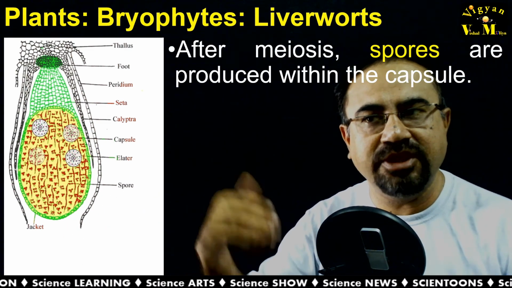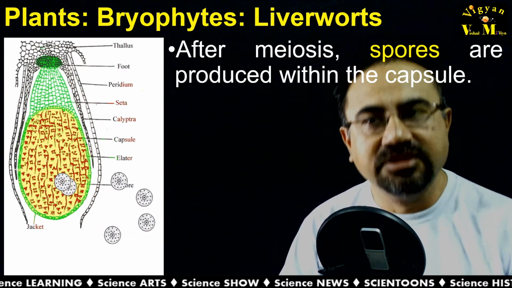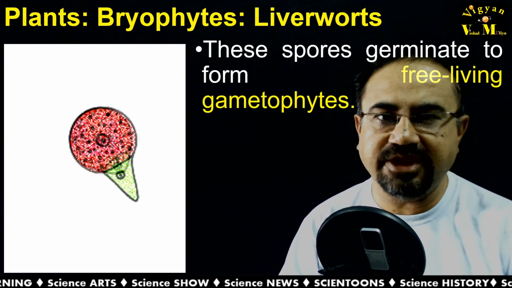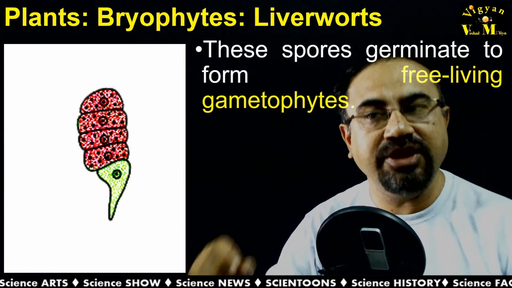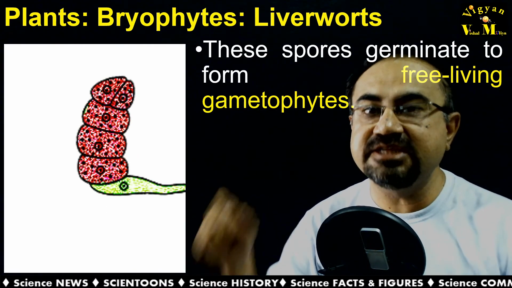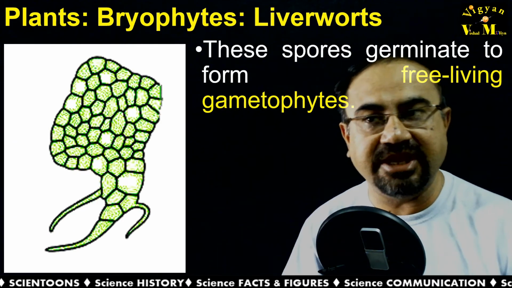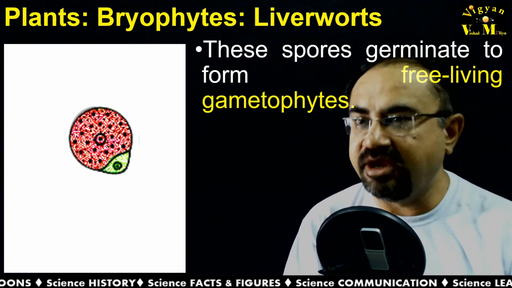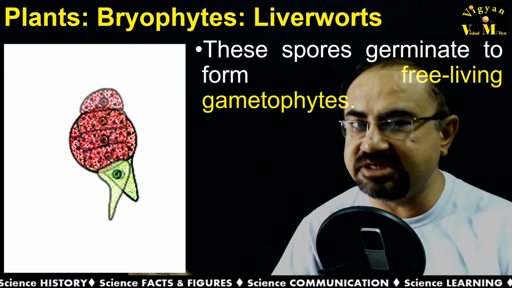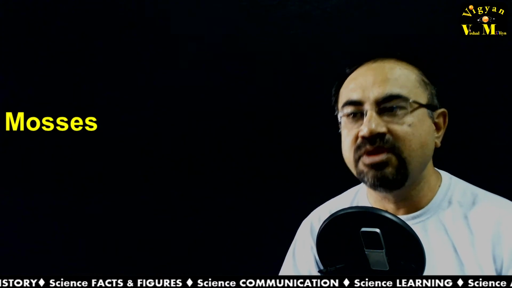Within the capsule, the spores are produced. These spores germinate and give rise to a free living gametophyte, and this free living gametophyte again continues the entire life cycle of the liverwort, which we have already discussed earlier.